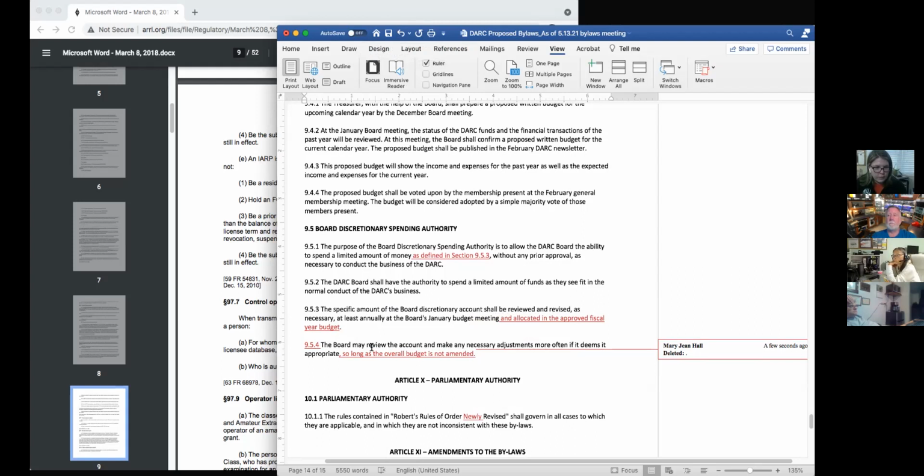Would this work then? Creating section 9.5.4: the board may review the account and make any necessary adjustments more often if it deems it appropriate, so long as the overall budget is not amended. But is that limited to the discretionary account?